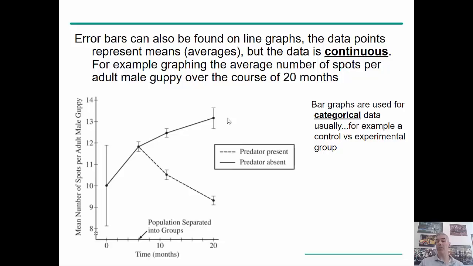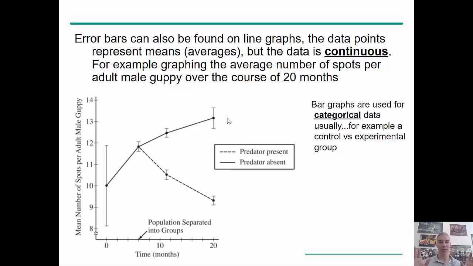So bar graphs use what's called categorical data. Again, I'll go over this again, but it's data that is not continuous. So like a group that receives, I want to look at the short-term or long-term effects of caffeine use on sleep habits, right? So yeah, that's a time, but it's short-term versus long-term. Those are groups.